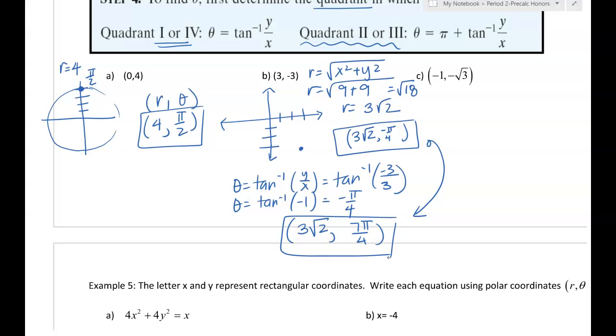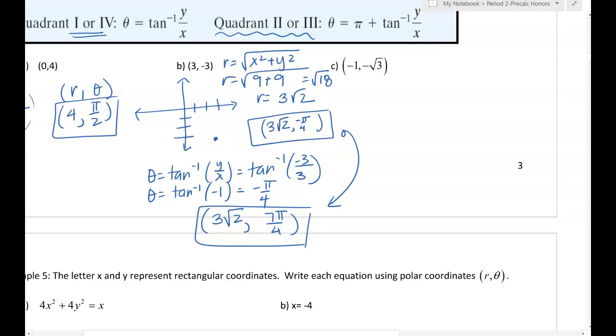Would you agree that you can even have an angle in quadrant 2 and then just make the radius negative? Of course, all of that is possible. So on a test, you can technically have infinitely many different answers. It doesn't have to be what I have written here or what the book has in the back as an answer.